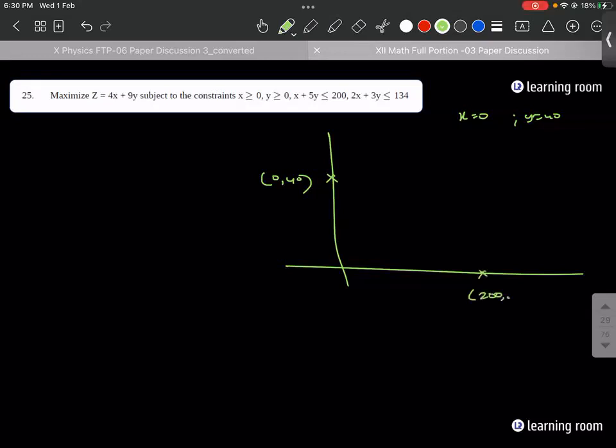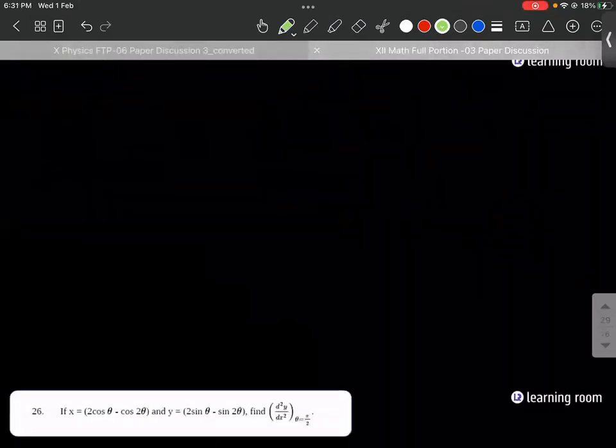So 200, 0. Now 2x plus 3y is less than or equal to 134. Is this a repeated one? Yes, sir. So the answer is 382. Change it next time.